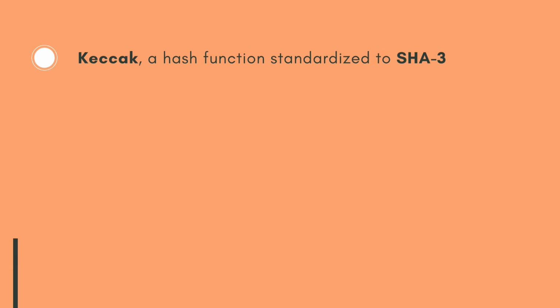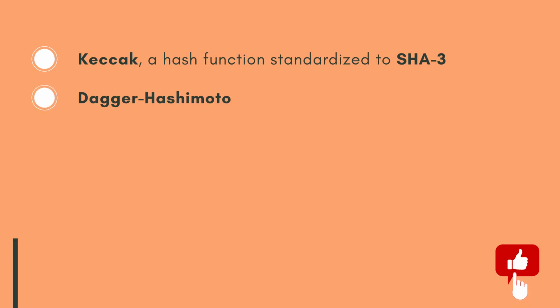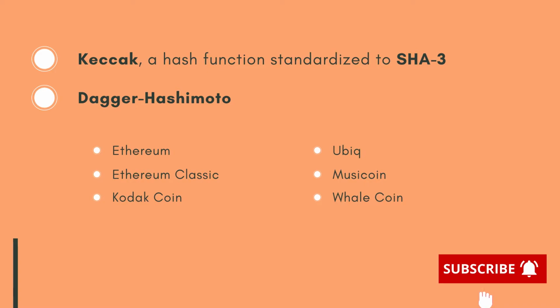In addition to this function, it also uses a version of the Dagger and Hashimoto hashes, for which Ethash was initially known as Dagger-Hashimoto. The cryptocurrencies that are mined using these algorithms are Ethereum, Ethereum Classic, Kodak Coin, Music Coin, Ubiq, Bell Coin, and so on.